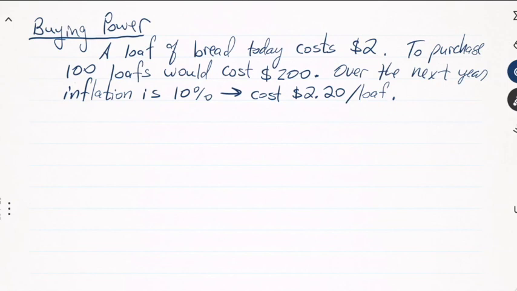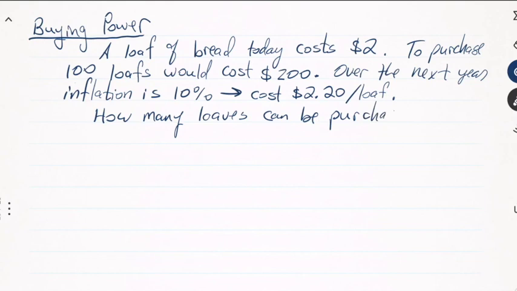So the question is, how many loaves can I buy now? How many loaves can be purchased for $200? And this is the essence of buying power.